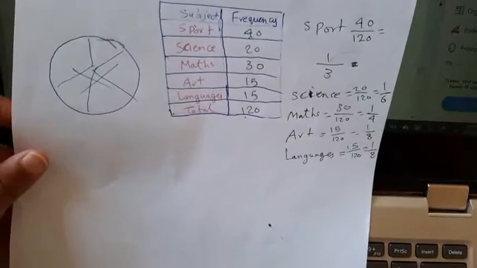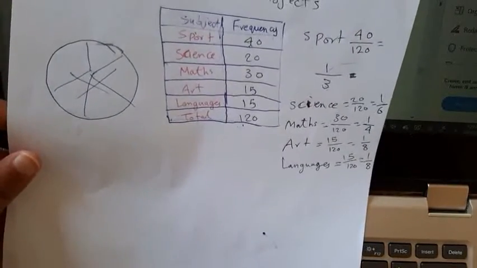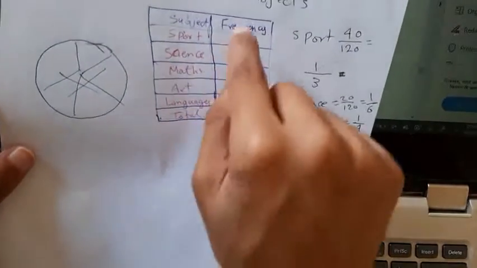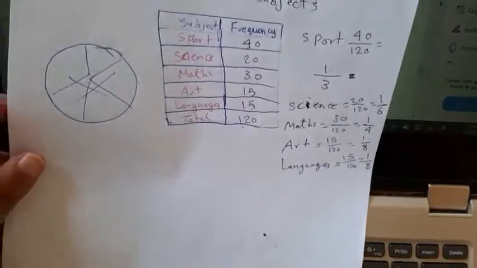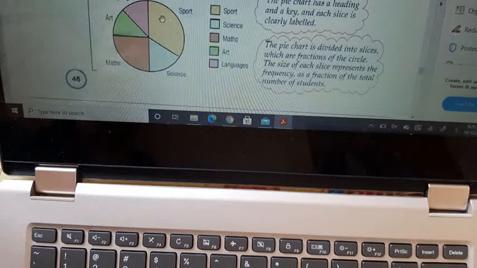How much is half of 120? It's 60, right? So sport and science, 40 and 20, represent half of the number of students. That's why the pie chart shows sport and science represented half of the circle, and the other maths, art, languages represented the other half of the pie chart.